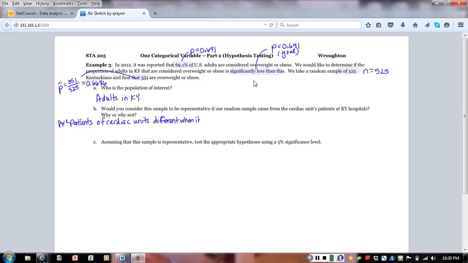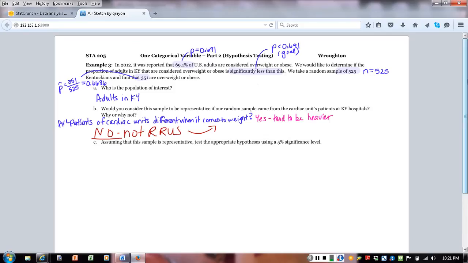Do you already have any expectation of how their weight would compare? Yes, they are different. They tend to be heavier. Generally, cardiac patients have a tendency to weigh more than your typical person. So do I consider this sample to be representative? It's not a relatively random and unbiased sample due to what we just explained up here.